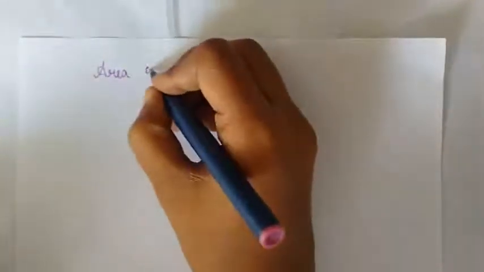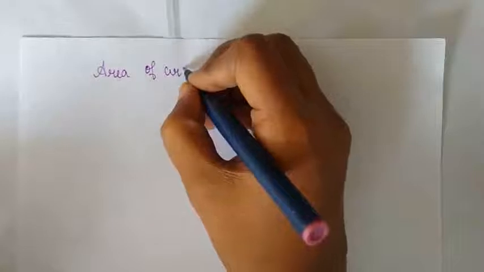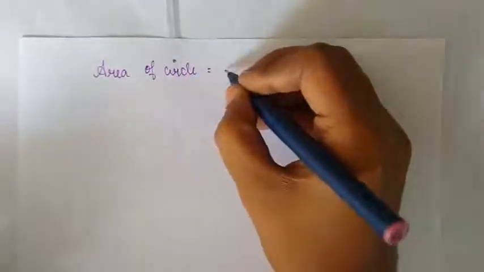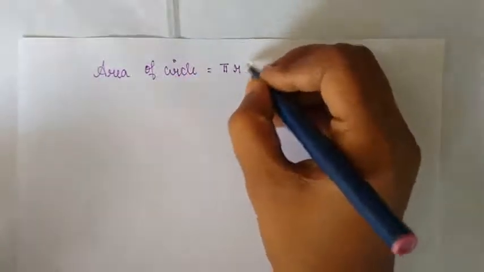Now we also need to find out the area. So what is the area of circle? Area of circle is pi r square.